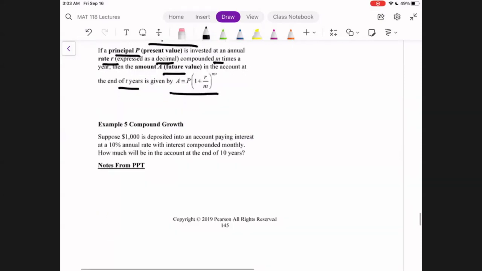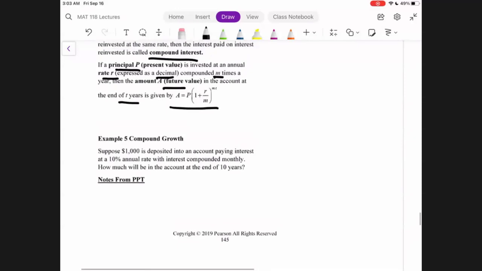So let's look at this first one here. Suppose that $1,000 is deposited, so that's your principal. It says it's 10%, so that would be your R. Remember, as a decimal, so it'd be 0.10. Compounded monthly. Monthly is 12 times a year.